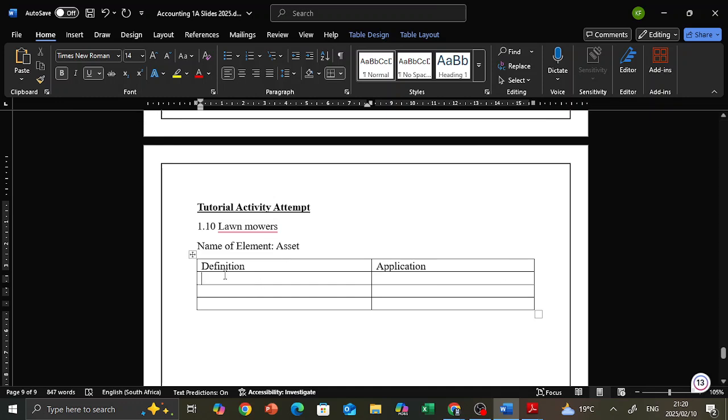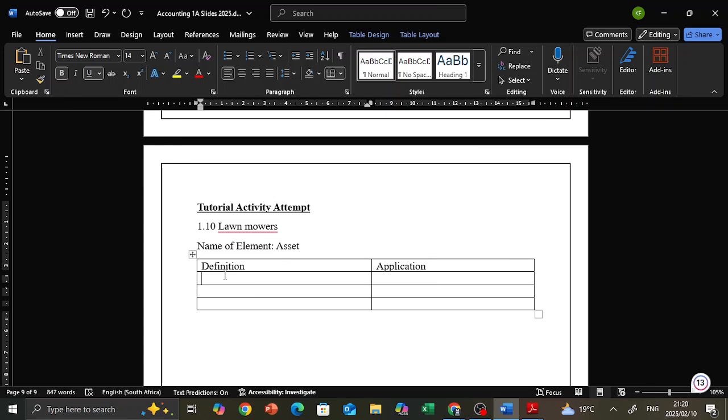Great. So, very important, guys. What you're going to do when you are applying the definitions of the elements, you need to break them into pieces.